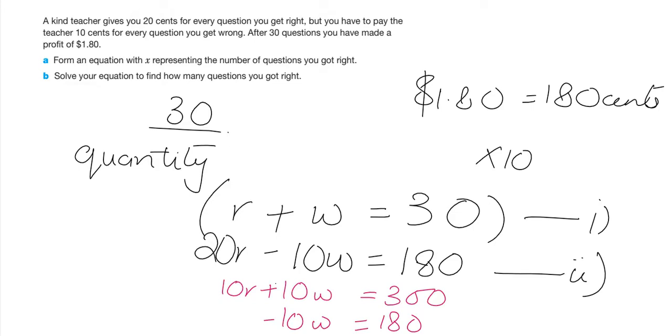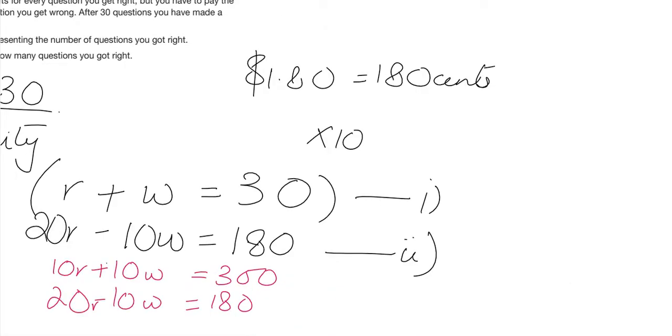Now you can see that we can easily cancel out the wrong questions like terms. Now again we have to arrange that: 30R, and after the sum, that would be equal to 480.